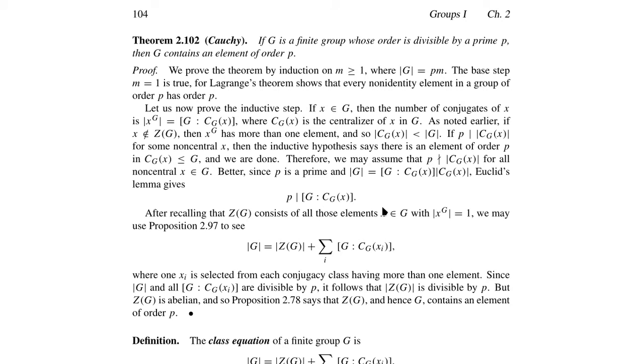That makes sense. Now, if P divides the number of elements in the centralizer, for some non-central X, so X is not in the center of the group, then by inductive hypothesis, you're going to have an element of order P in the centralizer of X. Alright?